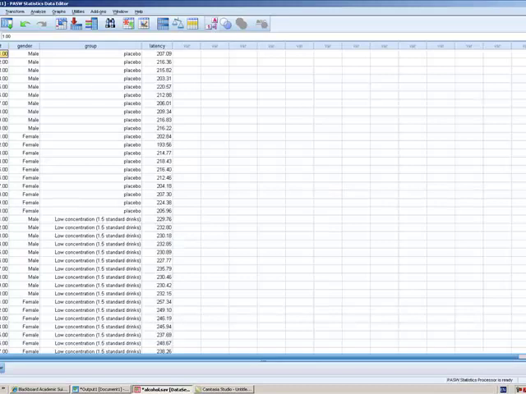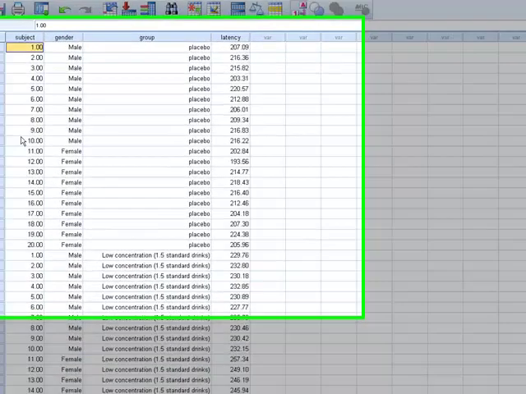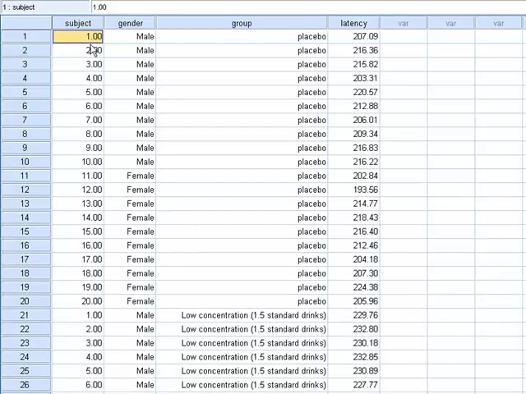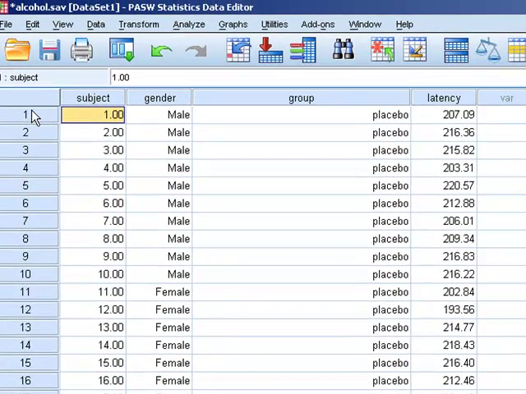The first column represents, in the between subject study, the data for each person. Each row represents one person's data, and column 1 tells me which person is being compared.